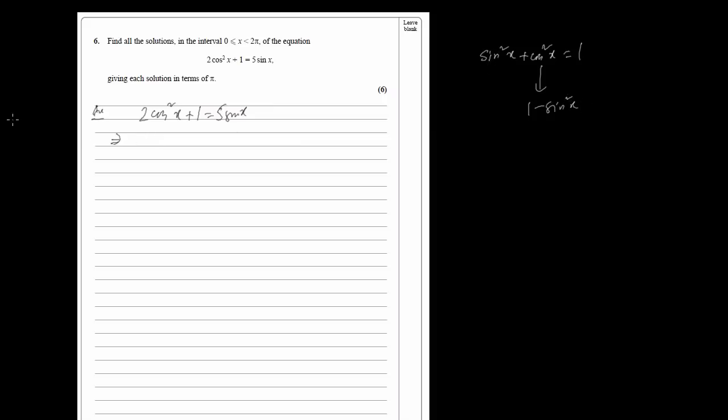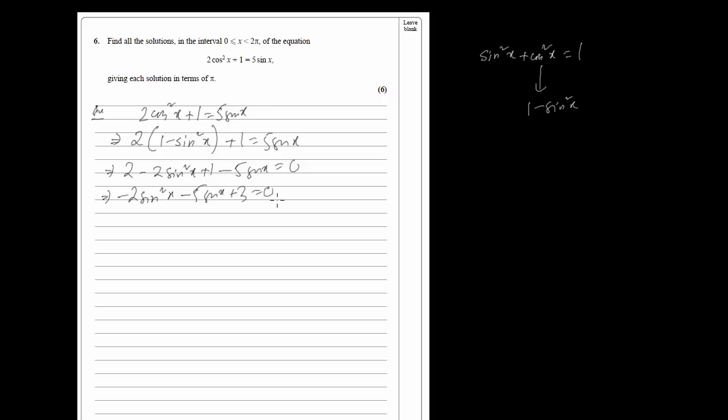So from here we have 2 times 1 minus sin squared x plus 1 equals 5 sin x. So 2 minus 2 sin squared x plus 1 minus 5 sin x equals 0.